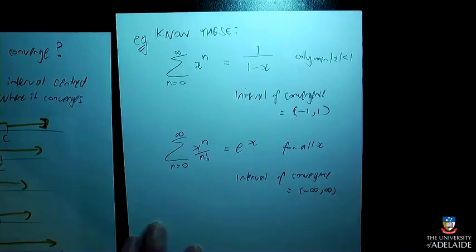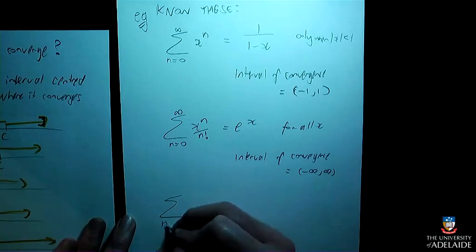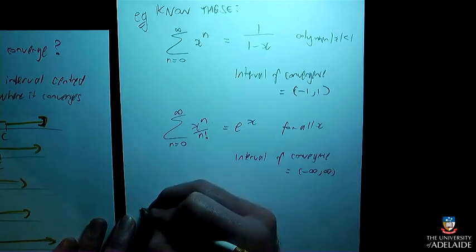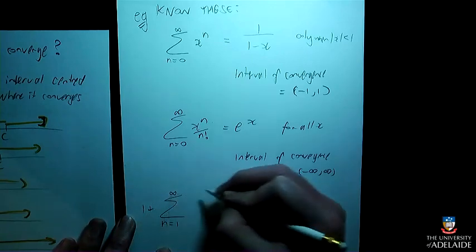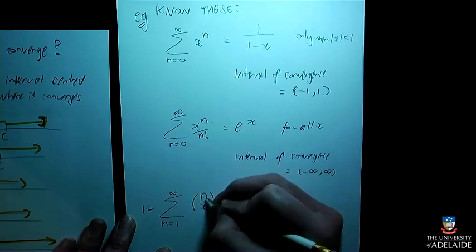So the interval of convergence for this one is all x's. And there is one more, which is the binomial series.